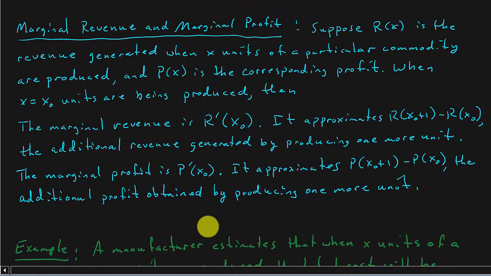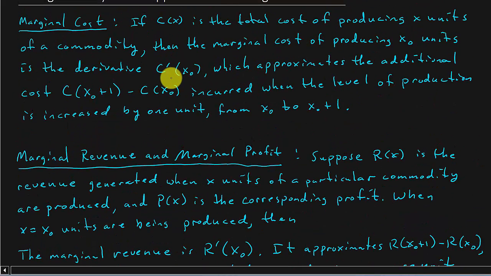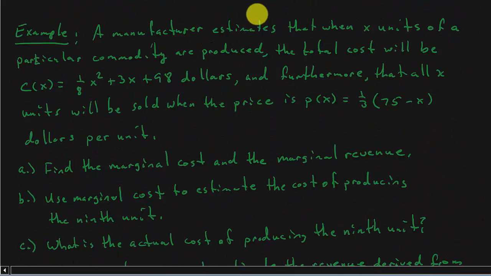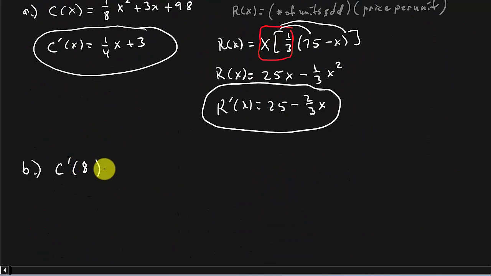So remember, C prime of X naught approximates the additional cost C of X naught plus 1 minus C of X naught incurred when the level of production is increased by 1 unit. So we want to go from 8 to 9, right? So in this case, the X naught is 8. So we're going to evaluate the cost function at 8.